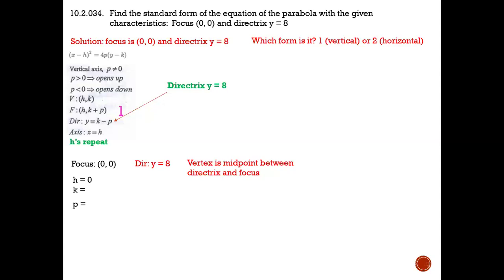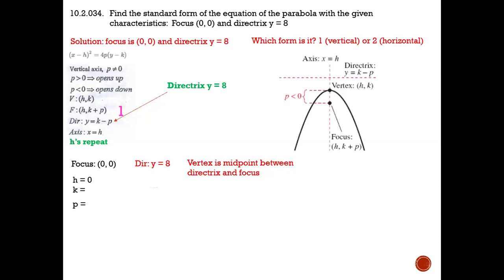Right now I don't have my k, but as I mentioned before, the vertex is equal distance from the directrix and from the focus. Knowing this information, I can find that my vertex is at (0, 4). They're giving me the directrix, which is 8, and I just found out what my k value is, so I'm solving for p.